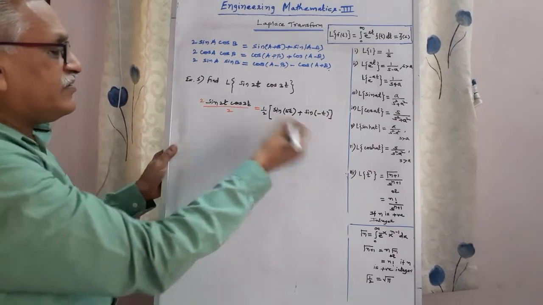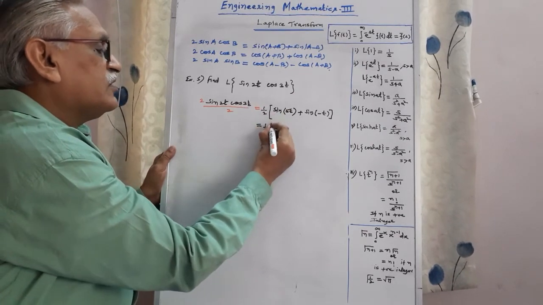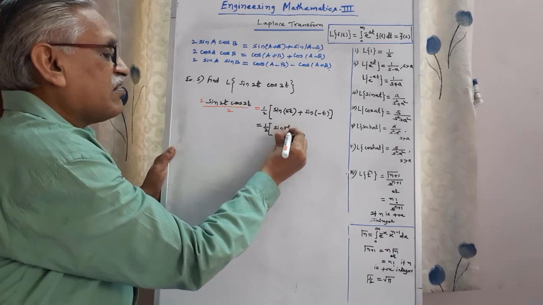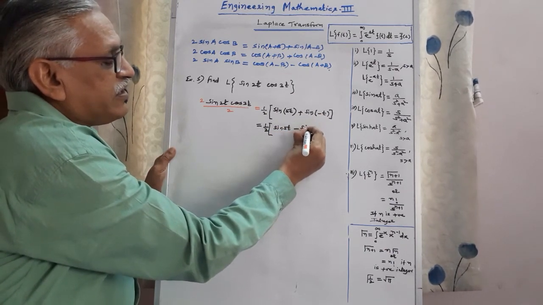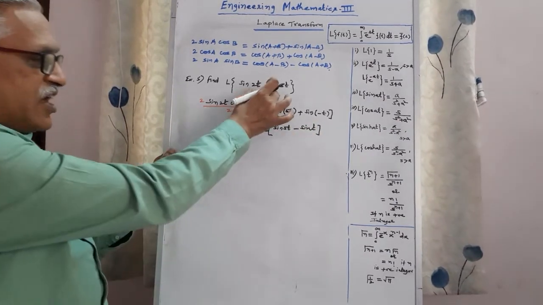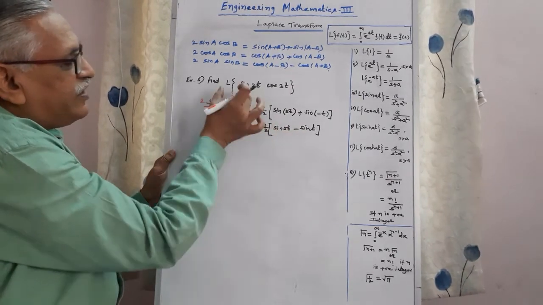And then further simplification, it is 1 by 2 sin 5t, and sin minus theta is minus sin theta, so it is minus sin t. This product I have converted to a sum, and then we can find the Laplace of this.